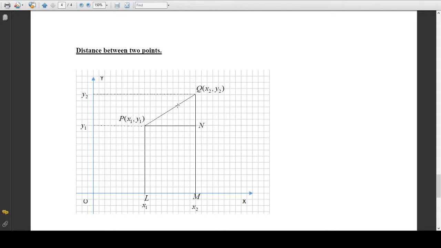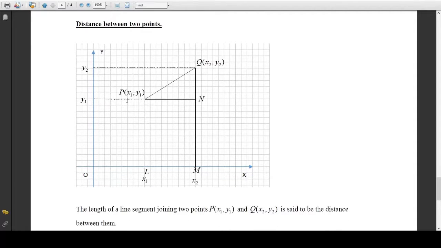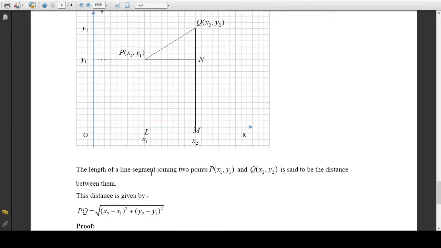Now in order to do that, to find out the distance between point P and point Q, the distance between them is given by the formula PQ equals root over of x2 minus x1 whole square plus y2 minus y1 whole square.